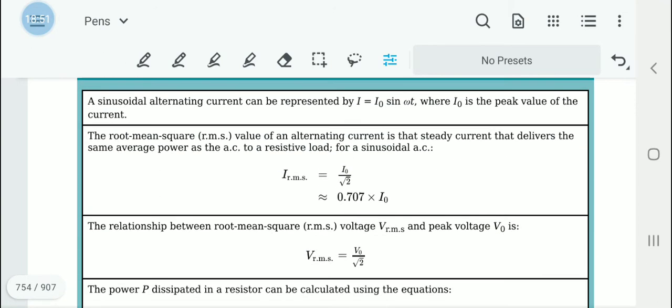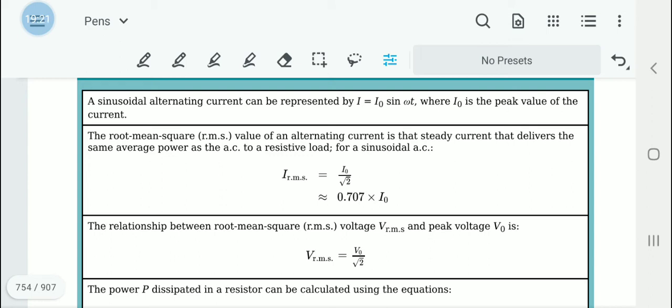What we have learned: in a sinusoidal alternating current, it can be represented by I equals I0 sine omega t, where I0 is the peak value of the current. The root mean square of an alternating current is the steady current that delivers the same average power as the AC to a resistive load.